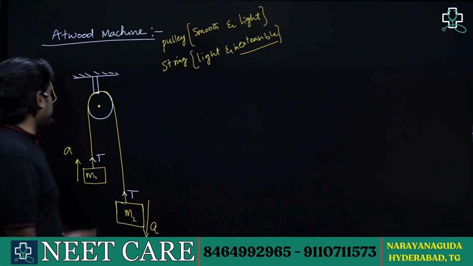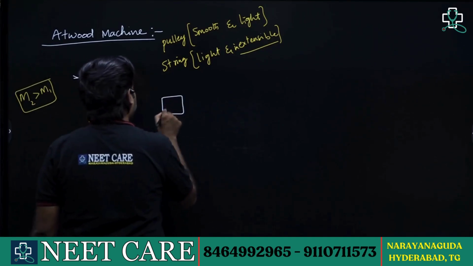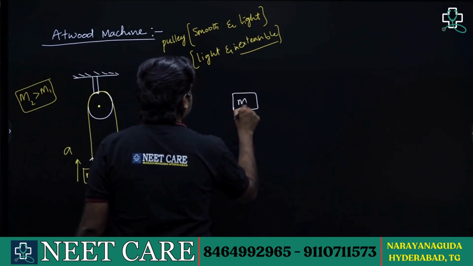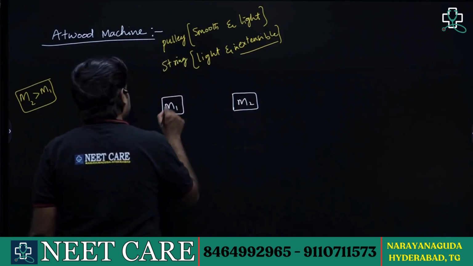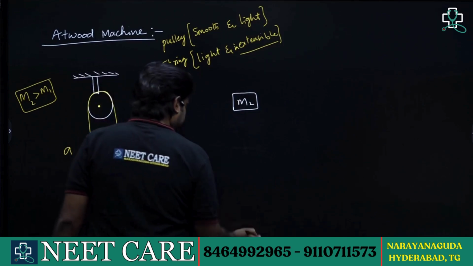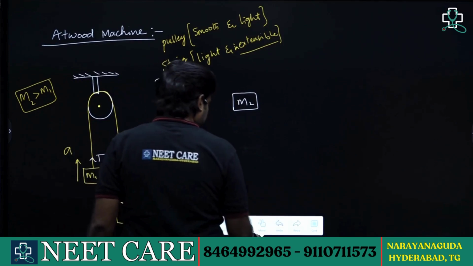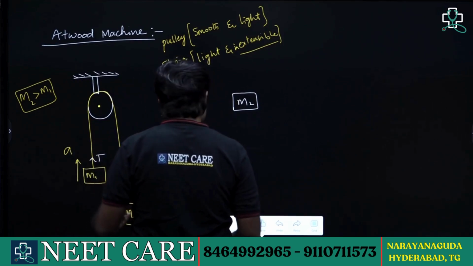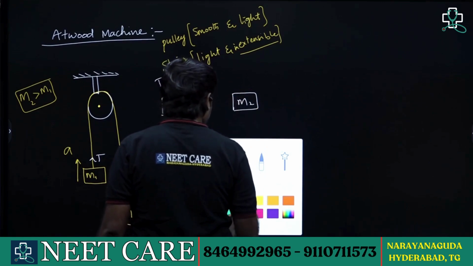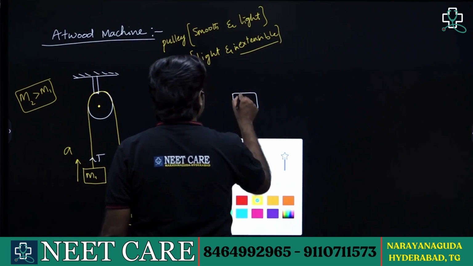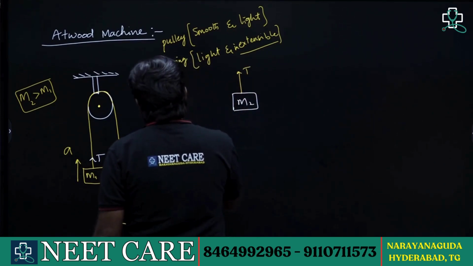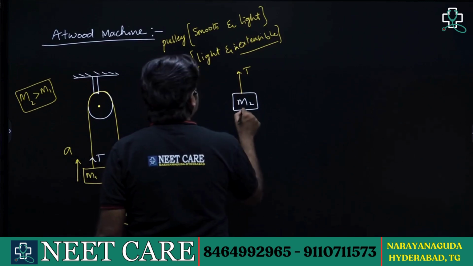Right. Now if you take separately the FBD of M1 and the FBD of M2, then M1 is experiencing tension in upward direction, and here M2 also experiences tension in upward direction, like this, and gravity will act downward.